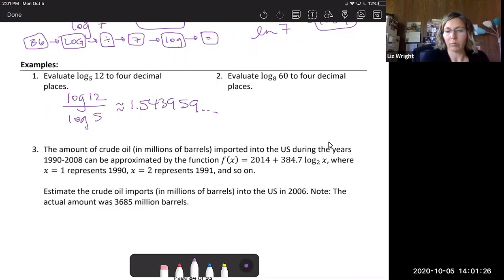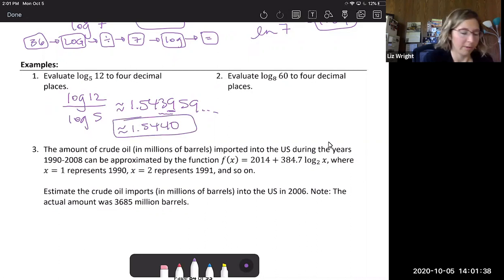Rounding 4 places past the decimal, the entire 39 here is going to go up by 1, so I'm going to have 1.5440 for that one. You put the 0 on there because that indicates to your reader that you rounded to that decimal place.